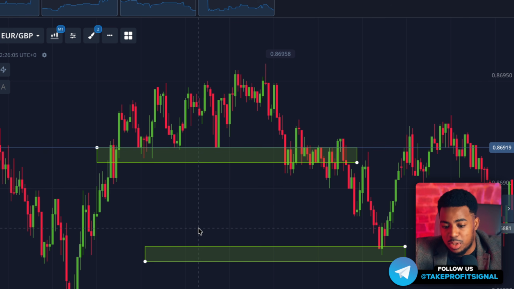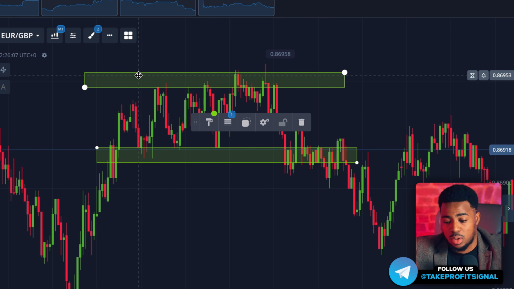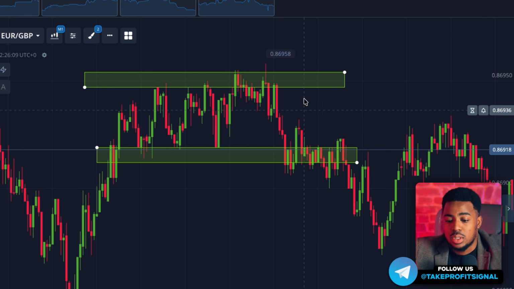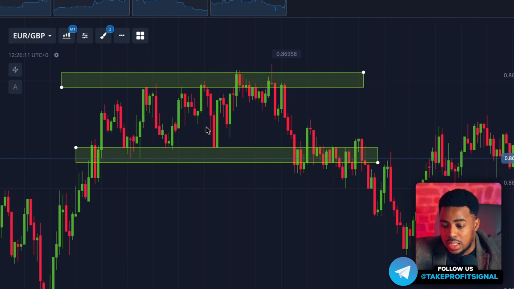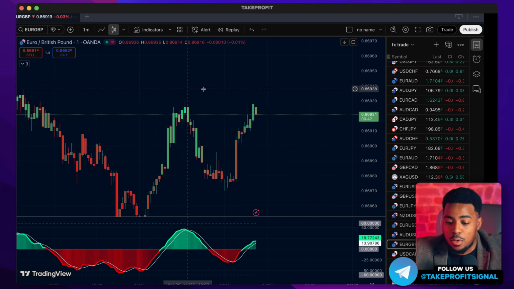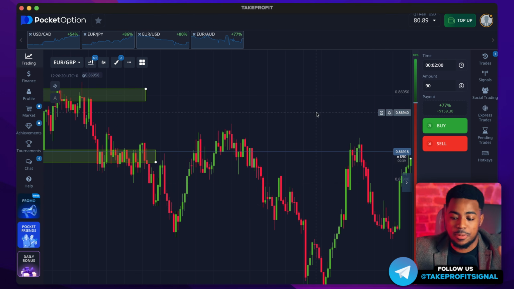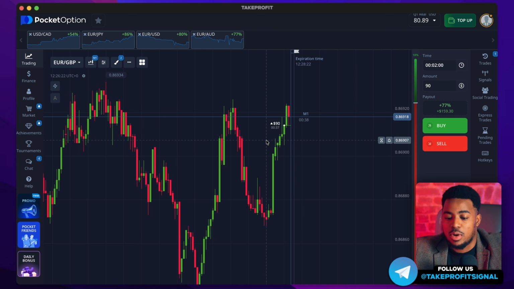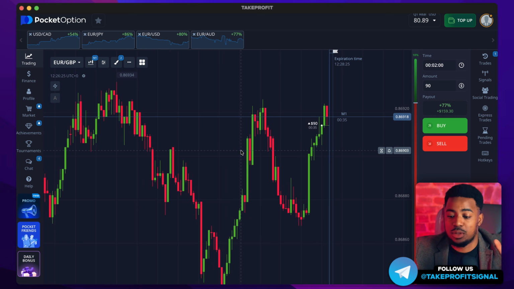Here the market is moving between two levels, a horizontal resistance level and a support level. When the market is squeezed into a narrow range, we may have signals, but these signals will be of extremely low quality. As I said before, the most important thing is for our trend to change.